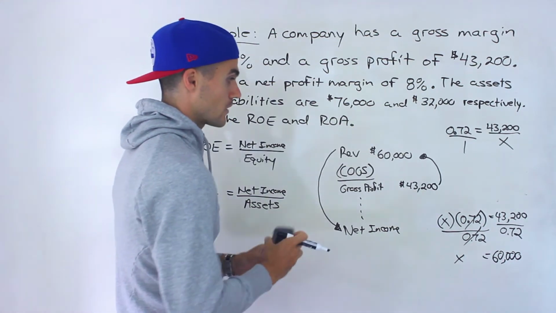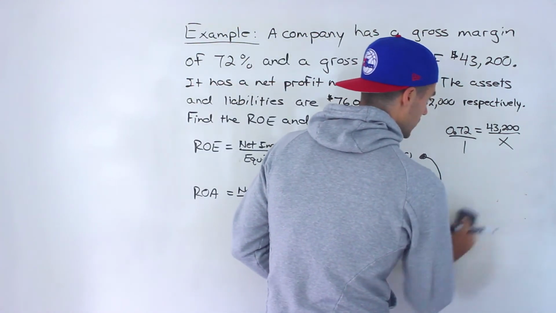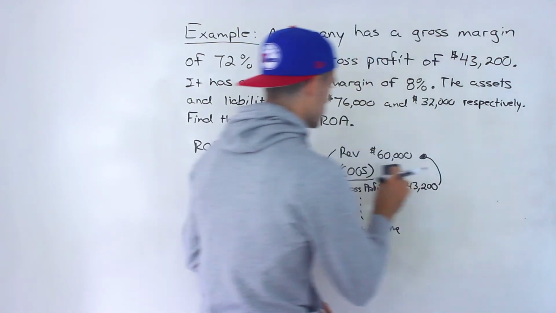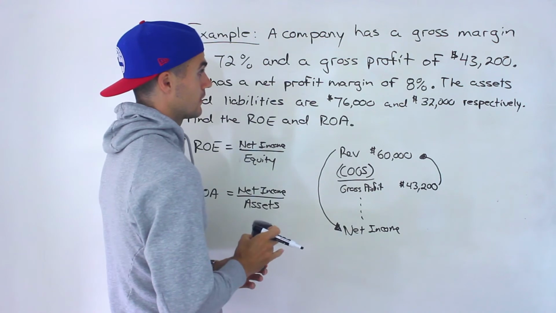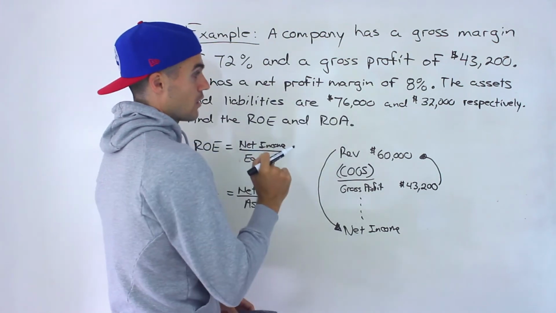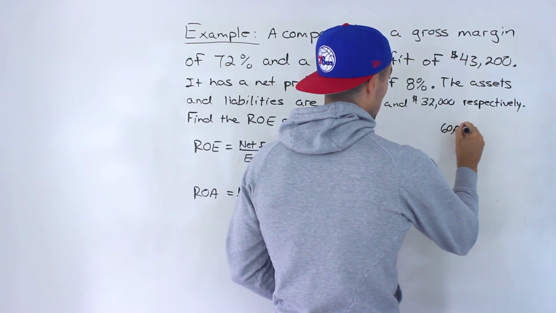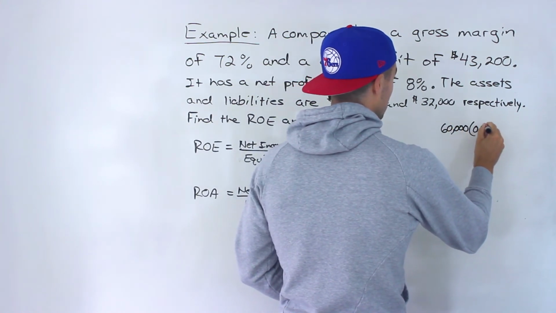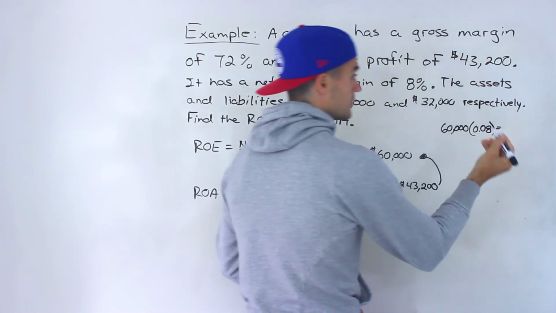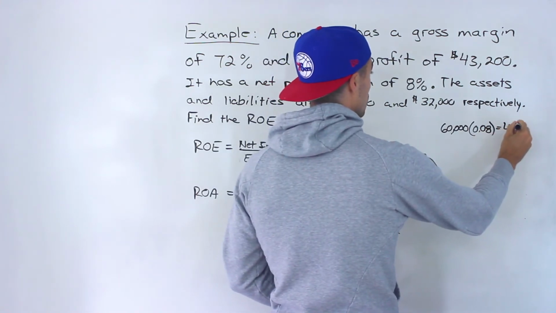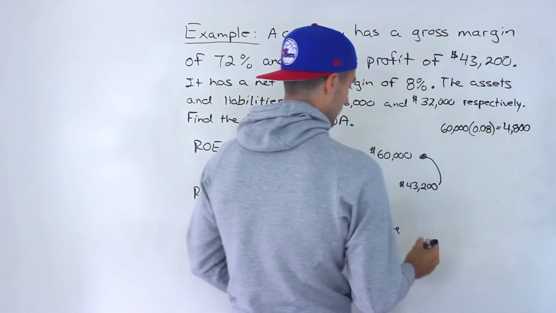Now that we have the revenue, we can use it to find the net income by using the net profit margin. The revenue, 60,000, multiplied by 8% is going to be the net income, which gives us 4,800.